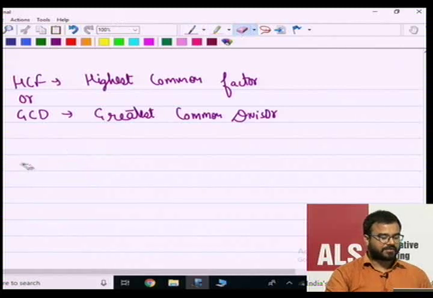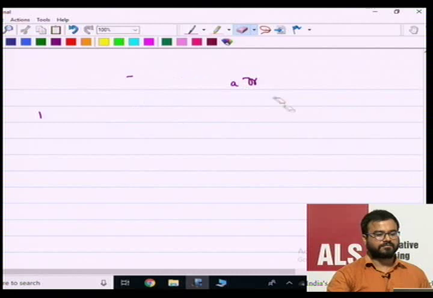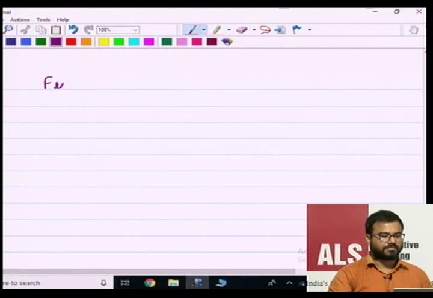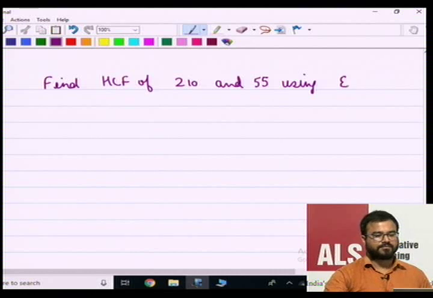So let us start with one example. Suppose the question says: find the HCF of 210 and 55 using the Euclid division algorithm.